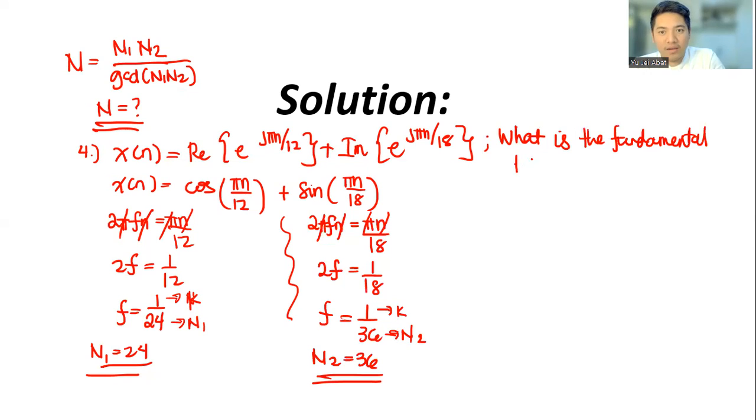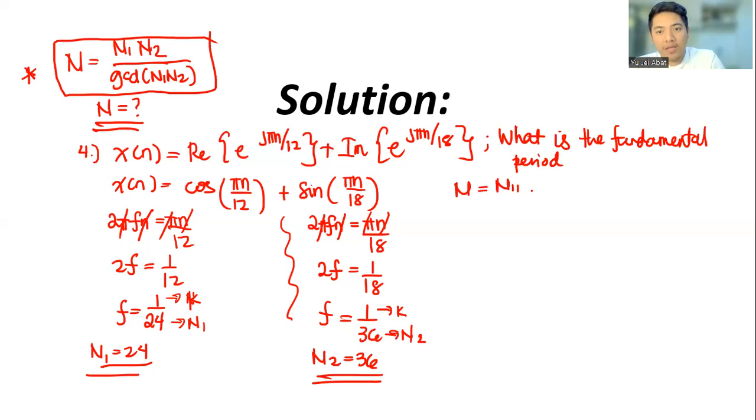By the way, this formula also applies to multiplication of two sinusoidals, not only plus, but in our example it's plus, and as well as multiplication, we can apply this formula. So what is the fundamental period? The fundamental period would be n1 times n2 all over the GCD of n1 and n2.